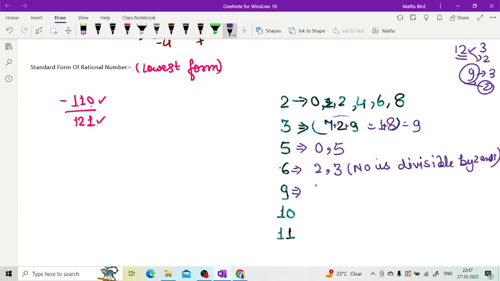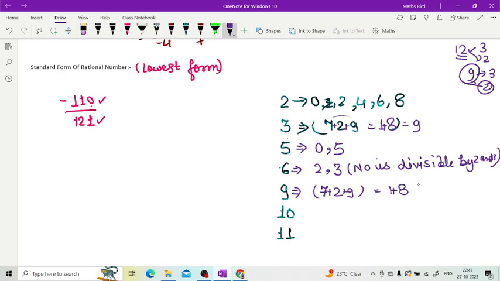Now 9. Same thing, you will add all the digits of the number, right? And convert it to a single digit. If the result is 9, then the number will be divisible by 9. Same example, 729: you add all of these, so it will be 18.